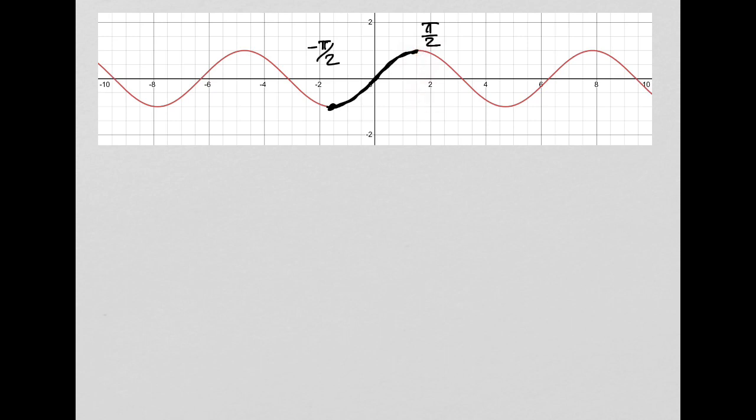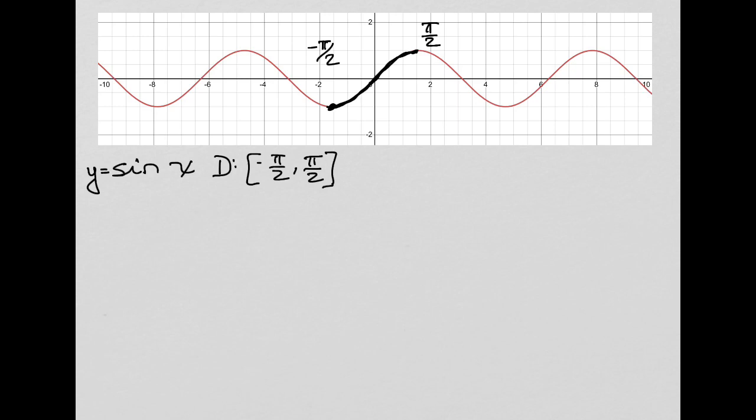And this little piece does pass the horizontal line test. So if I look only at that little piece of the sine function, it does make sense to talk about an inverse sine function. So this little piece, this is y equals sine x on the domain -pi/2 to +pi/2. The sine function is 1-to-1 and has an inverse.